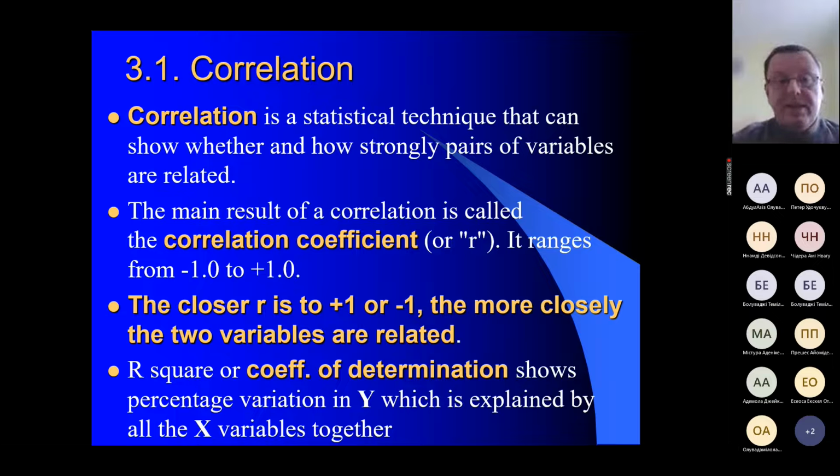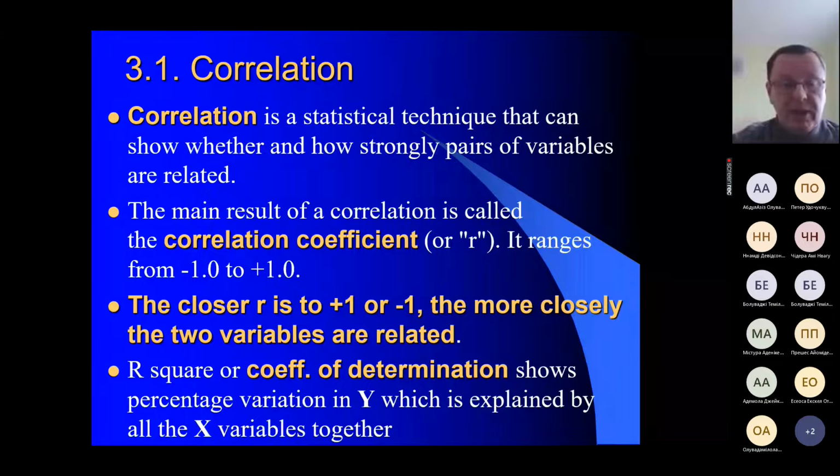So, as I said, it is a statistical technique that can show whether and how strongly pairs of variables are related. The measure for implementation of correlation, or the objective of correlational analysis, is to calculate the correlation coefficient, which ranges from -1 to +1.